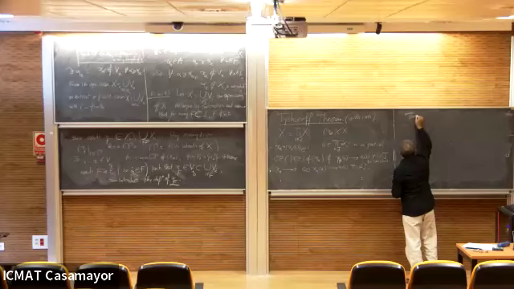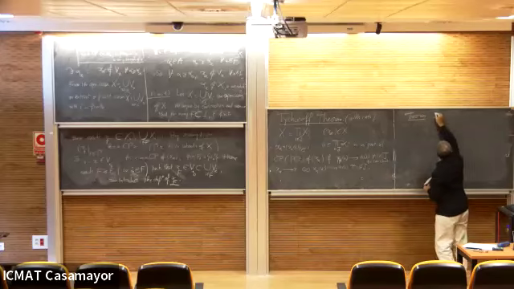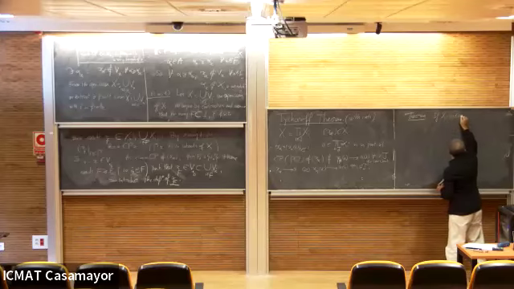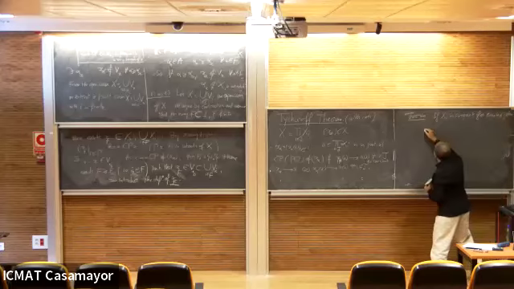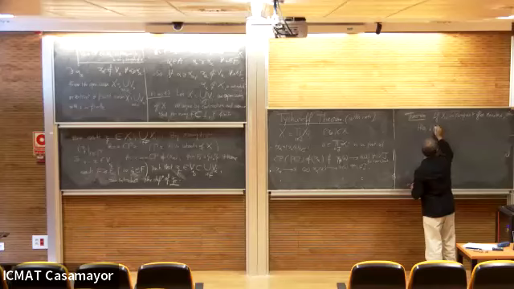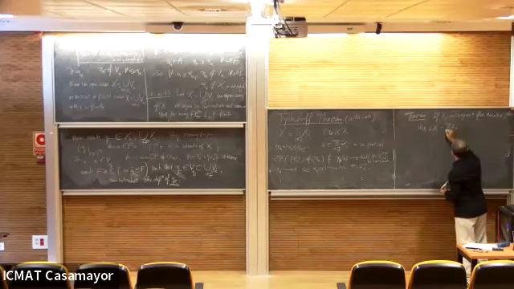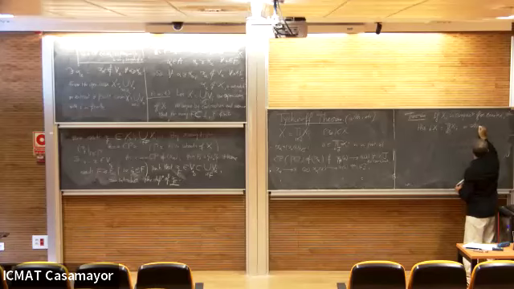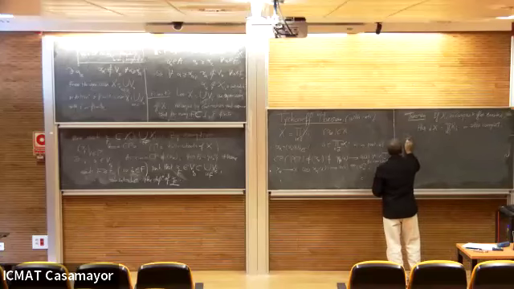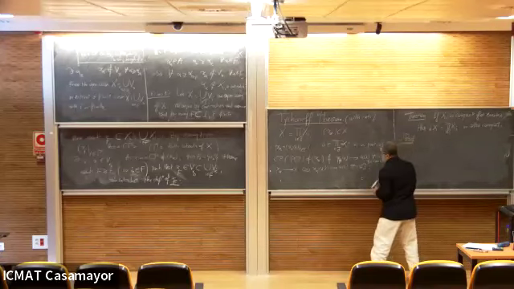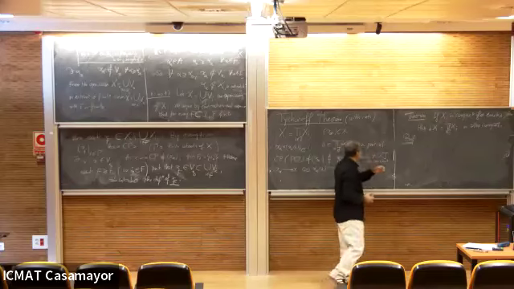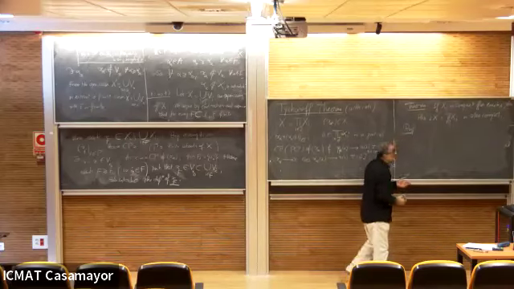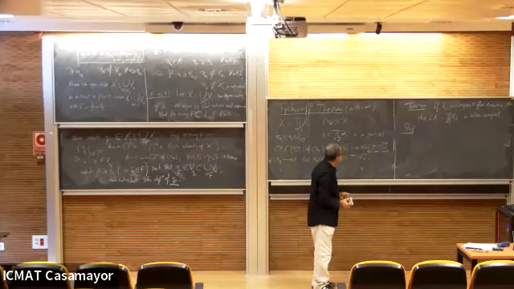The theorem, I recall the theorem now. If Xi is compact for each i, then X, the product of all these spaces, is also compact. For the proof, I will use Zorn's lemma by defining some ordered set and maximal element.